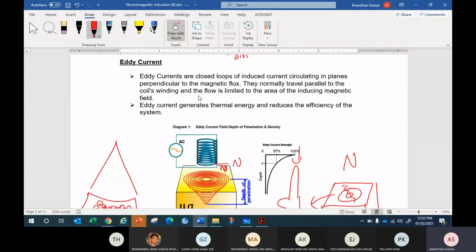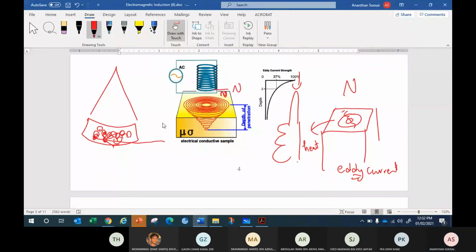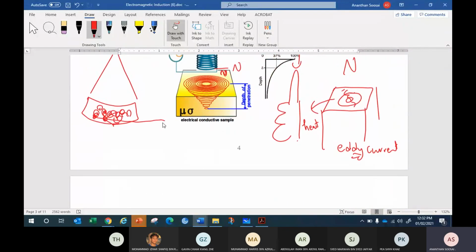They move in a circle. The eddy current generates thermal energy and reduces the efficiency of the system. If it's a moving system, you can use eddy current like a braking system, to slow down by removing energy from the system. Okay, any questions? So this is the introduction of eddy current.